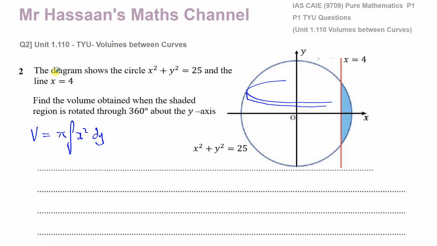Now we also learned that when you have the volume of the area between two functions rotated around the axis, it becomes a tire type of shape. So you have the inner radius and the outer radius.